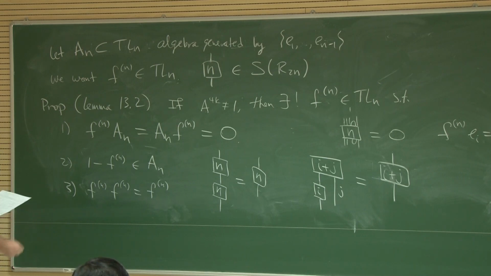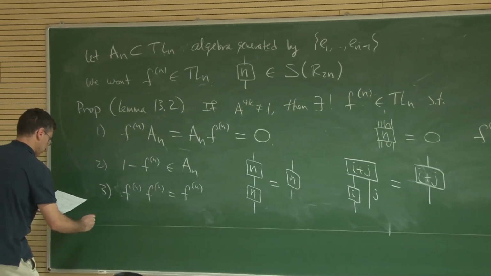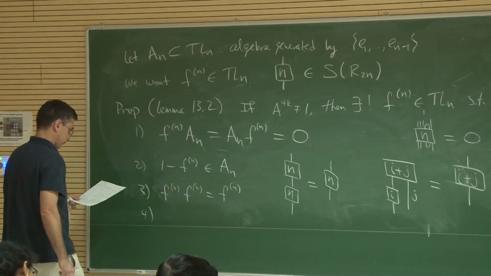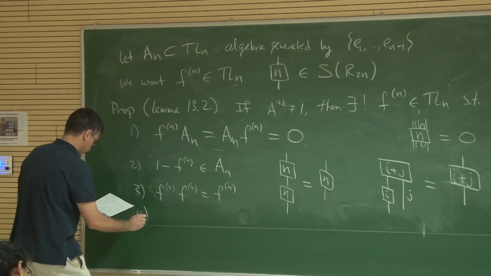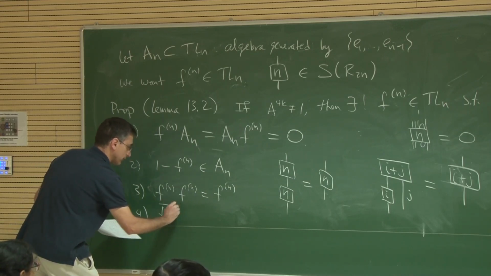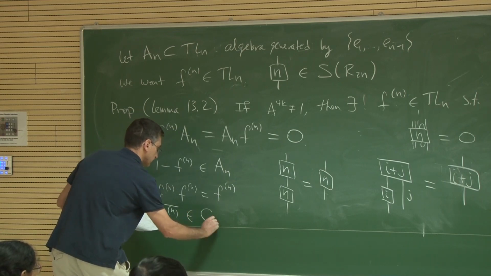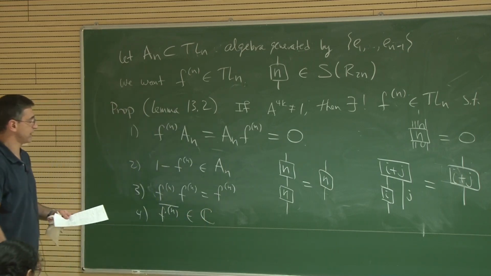All right. And the fourth property is that the closure of this idempotent, which sits inside of C. So what is that statement?